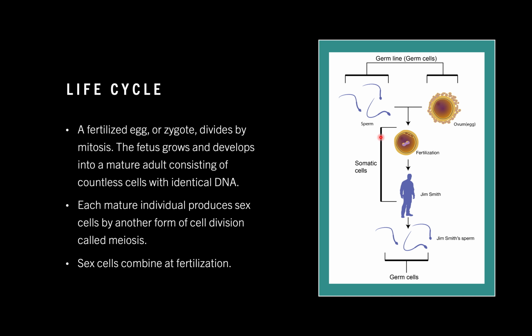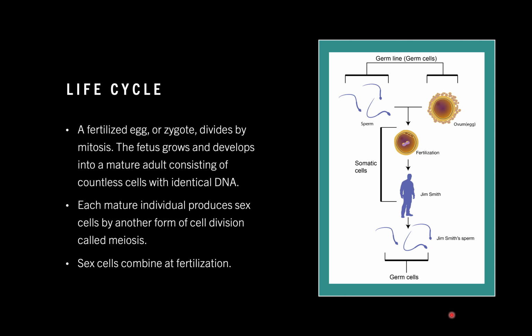They form somatic body cells within the fetus, which then becomes the adult person. And in this case, it's a male. This person will also have his own sperm that are his germ cells that go on to the next generation. So that's how the life cycle works with gamete cells. Each mature individual produces sex cells by another form of cell division called meiosis.